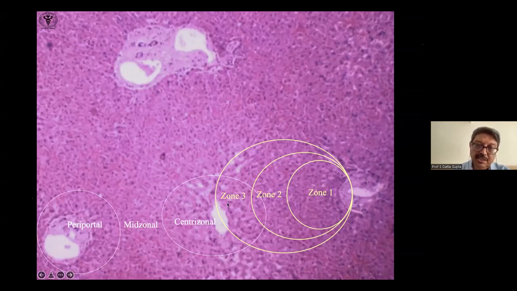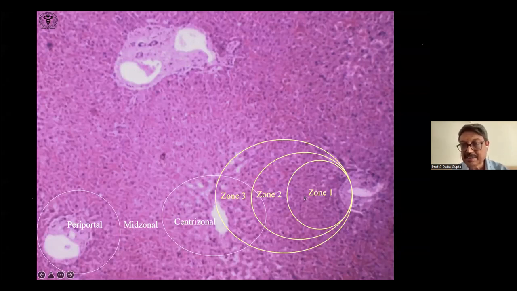Now, zone 3 roughly corresponds to the centrizonal area, zone 1 roughly corresponds to the periportal area, and zone 2 roughly corresponds to the midzonal area. So in the lobular concept, the area around the portal tract is periportal, the area around the terminal hepatic venule is centrizonal, and in between is midzonal.